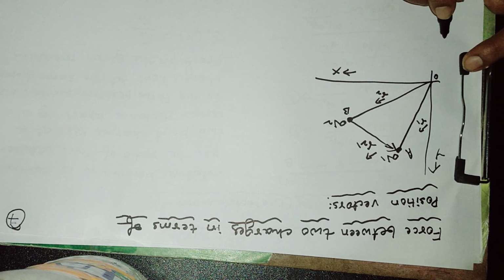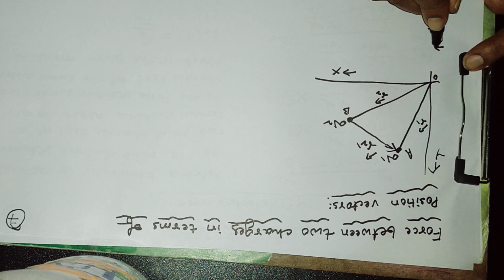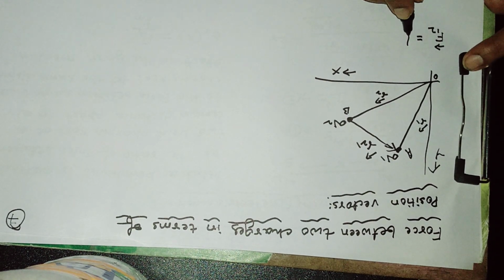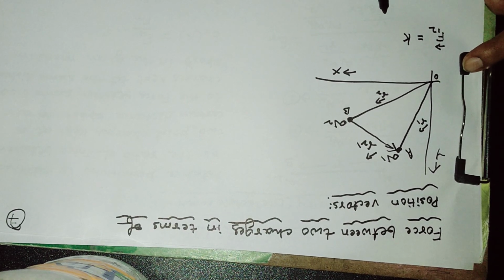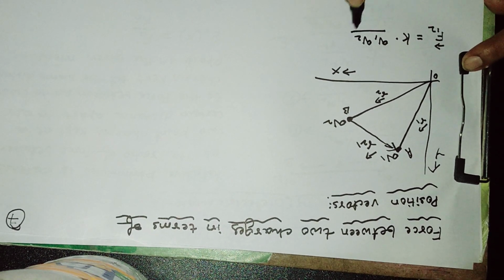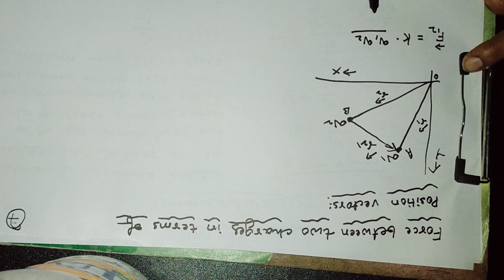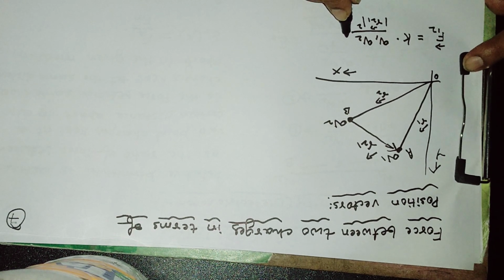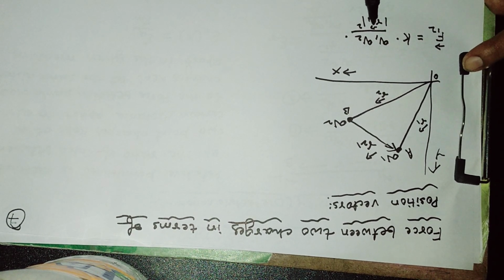So I may write the force acting on the first charge due to the second charge. It's given by K into, you know what K is? 1 by 4 pi epsilon naught epsilon r, into Q1 Q2 divided by, since the denominator is the square of the distance, and distance is a scalar, the magnitude of vector r21 whole square, into, we have to include a unit vector, otherwise it will be a scalar.